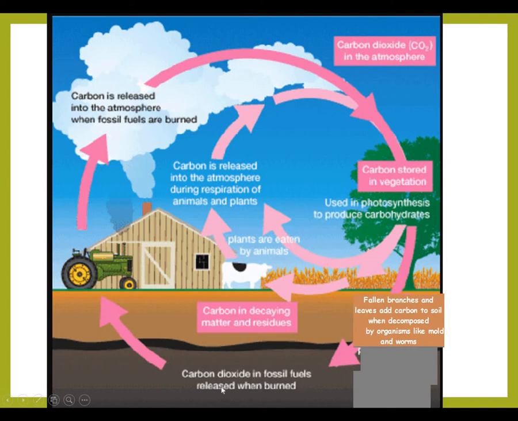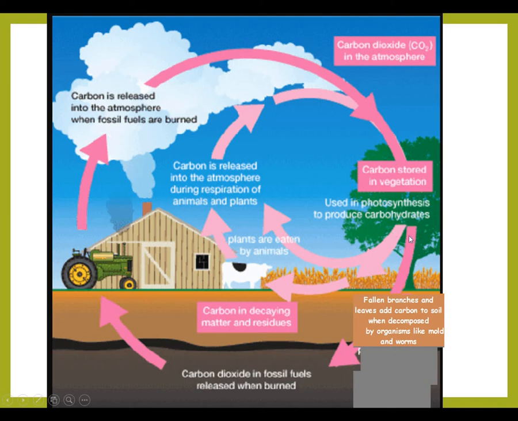We either dig up fossil fuels that's full of carbon and we burn it, and that releases massive levels of carbon dioxide into the atmosphere, way and above what would naturally be released by respiration of living things. So we've got this accelerated release of carbon dioxide because we're burning the fossil fuel carbon store.